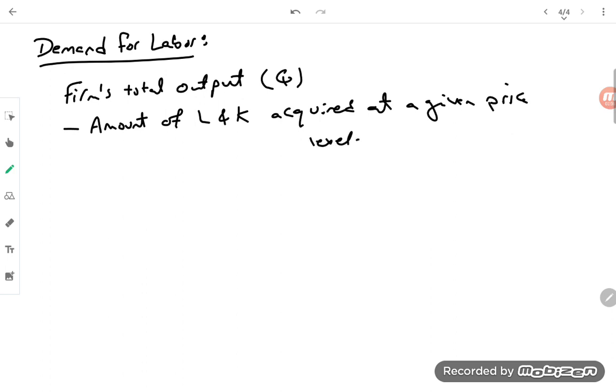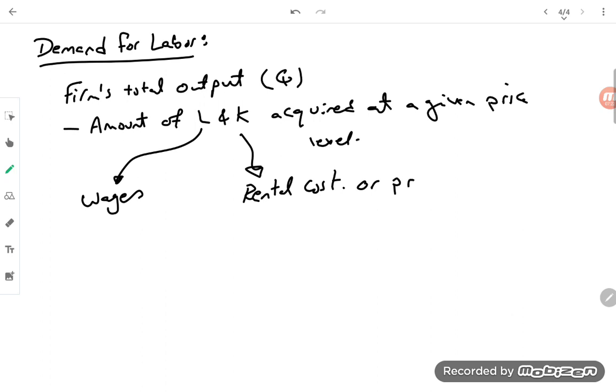and we are going to assume that the price of labor is wages, and with respect to capital it is the rental cost, or price of capital. We can write it as W for wages, and R for rent, or price of capital.